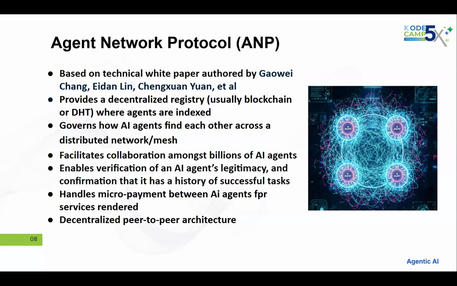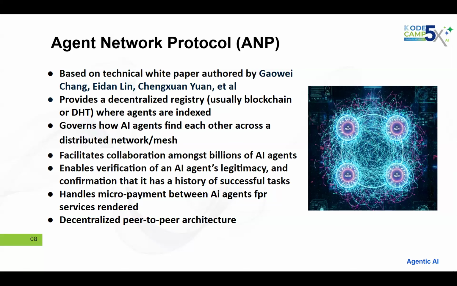It also handles micropayment between the agents. Your agents can autonomously engage other agents for certain services, and they can negotiate payment for those services rendered. Essentially, it improves autonomy, allowing the agents to do even more on your behalf, with the added benefit of verification and confirmation through the decentralized registry.